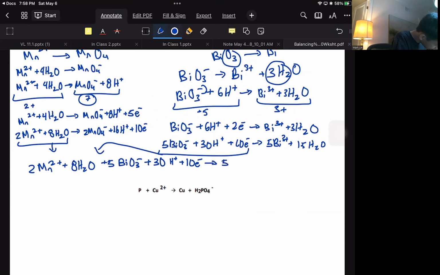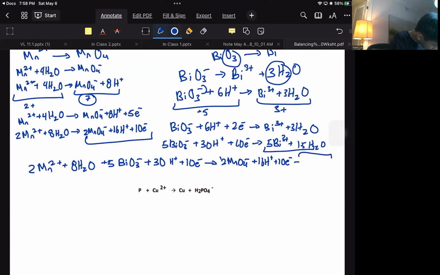Now we just add this side over here. So it's going to be 2 MnO4 minus plus 16 H plus 10 electrons. And then we add this in here, 5 Bi3 plus 15 H2O. Sweet.